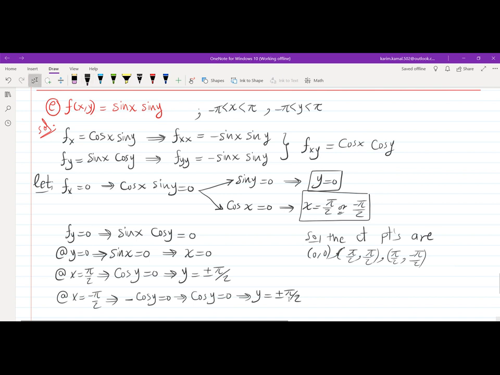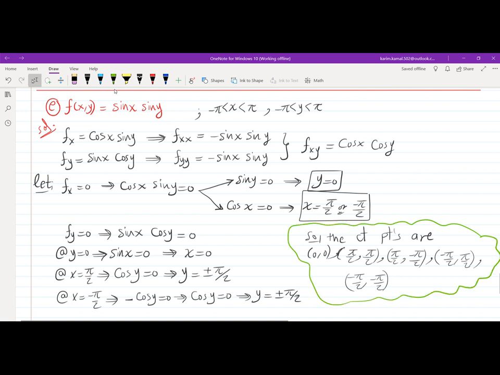We also have two other points, which are negative pi over 2 and pi over 2, and finally negative pi over 2 and negative pi over 2. These are all that we got till now, which are the critical points.